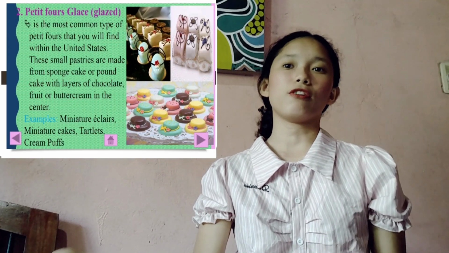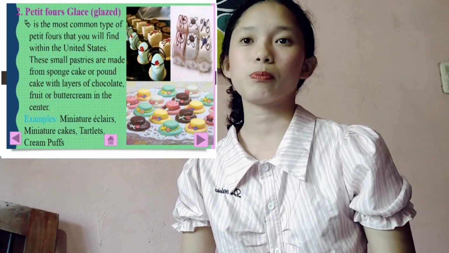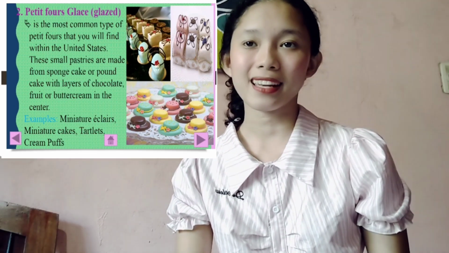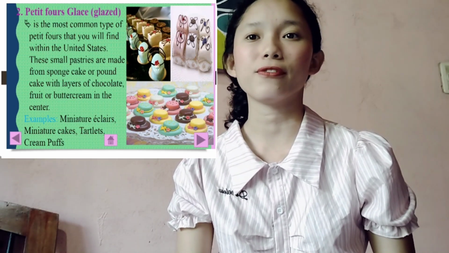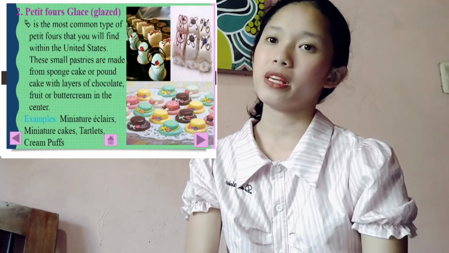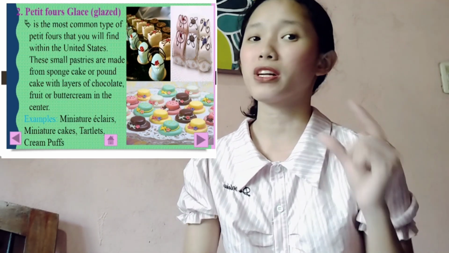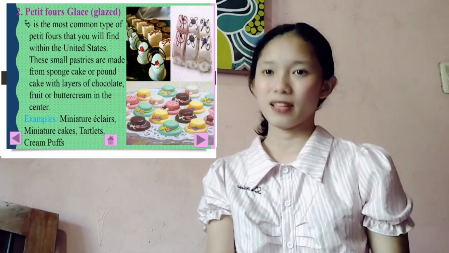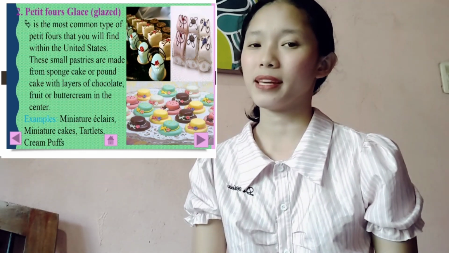Next variety of Petit is Petit glacé or glazed. It is the most common type of Petit that you will find within the United States. These pastries are made from sponge cakes or pound cake with layers of chocolate, fruit, or buttercream in the center.